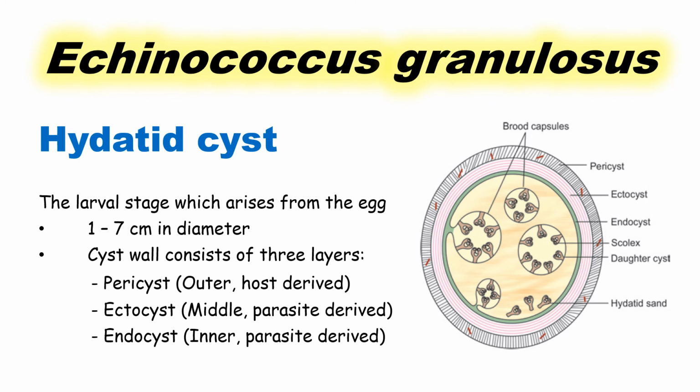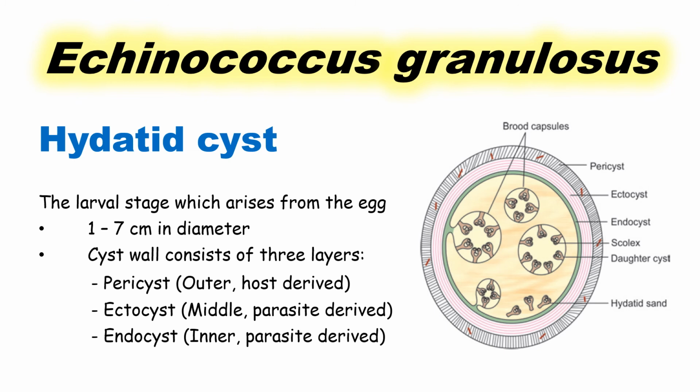Take note: the pericyst, or the outer layer, is host-derived. It is covered by the host's tissue. After infection, it will adapt to the environment, so most likely it will be covered by host-derived tissues, usually fibrous tissue with blood vessels.